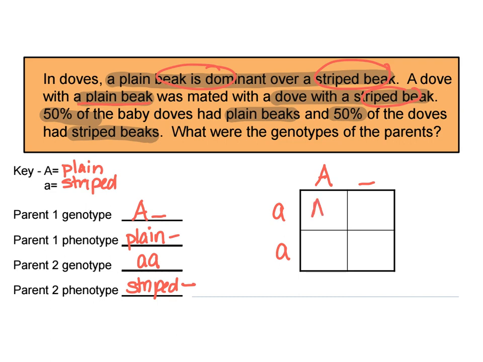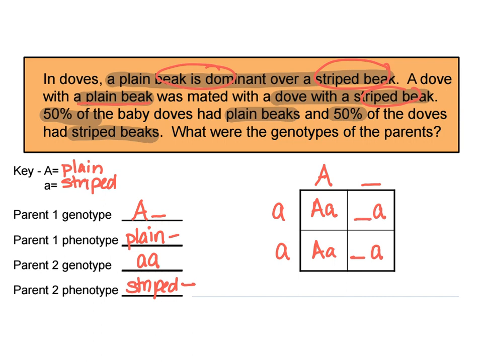So I know that this is going to be big A, and this will be big A, and then this A is going to go over here, but I don't know what the other letter is, right? Because this guy is going to go down here. And this offspring will also have a little a and a blank.